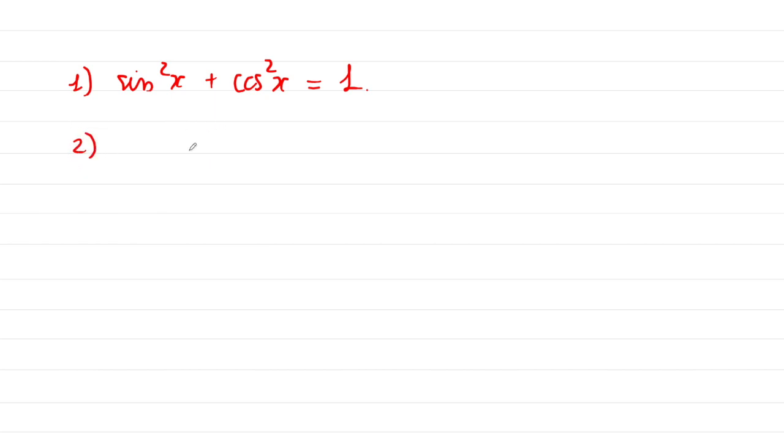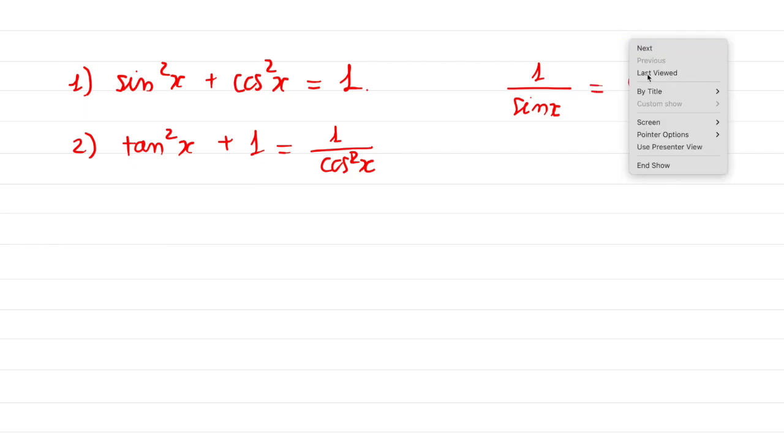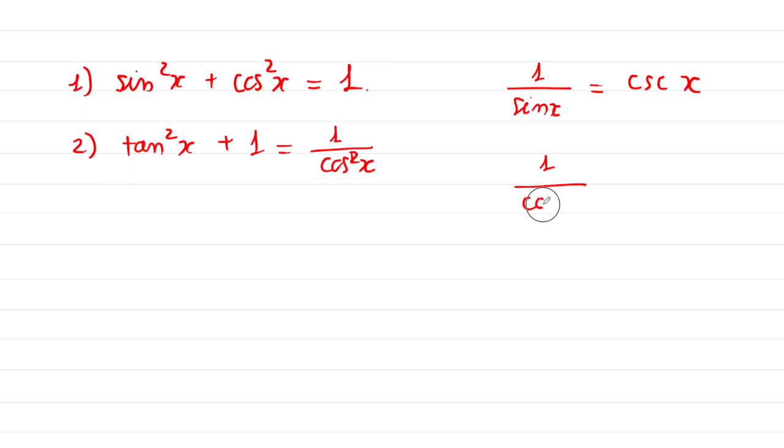And the second formula is derived by dividing both sides of the first formula by cos square. So when you divide that, you will have tan square x plus 1 equal to 1 over cos square x. And about reciprocal trigonometric functions, you will get 1 over sine x equal to cosec x, and 1 over cos x equal to sec x.